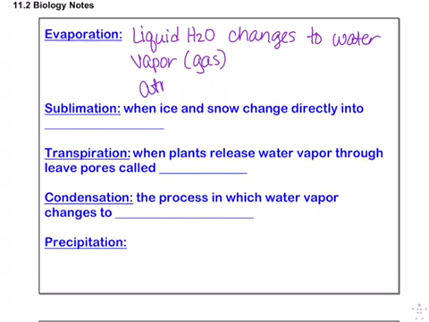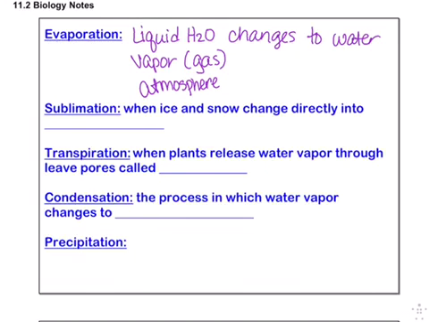This happens in the atmosphere. A lot of evaporation now as our snow melts. The melting turns it to liquid water, and that liquid water is changing to water vapor and entering into the atmosphere. We're really liking this whole evaporation thing.